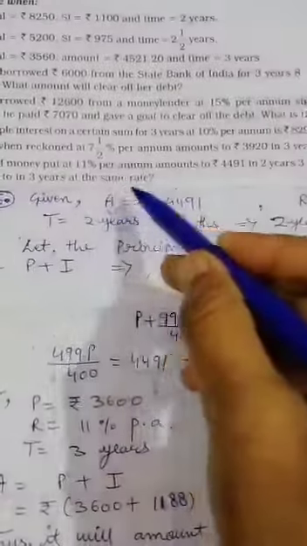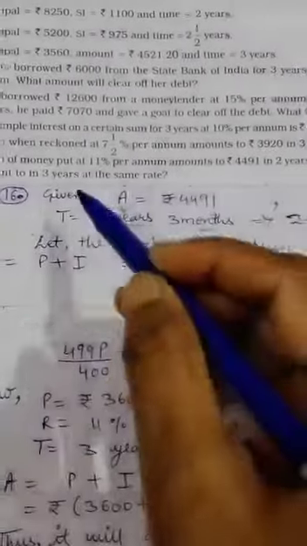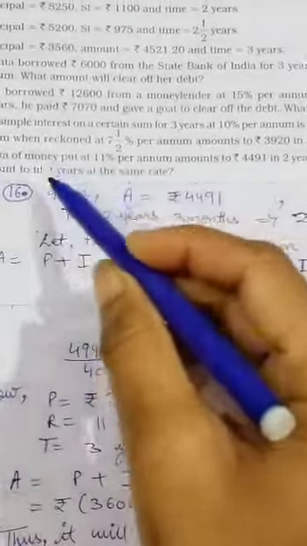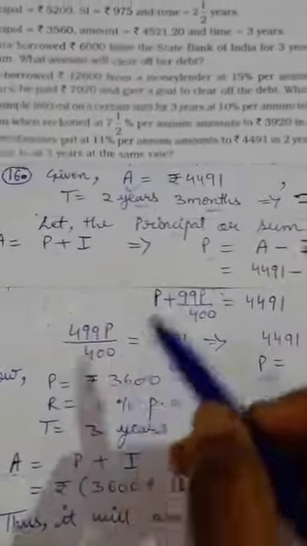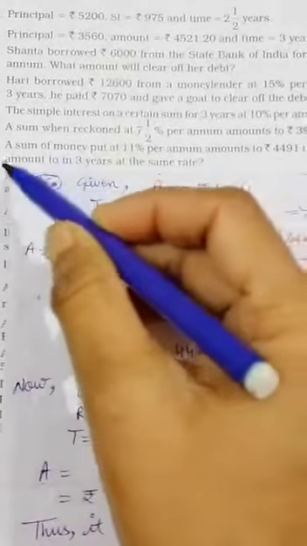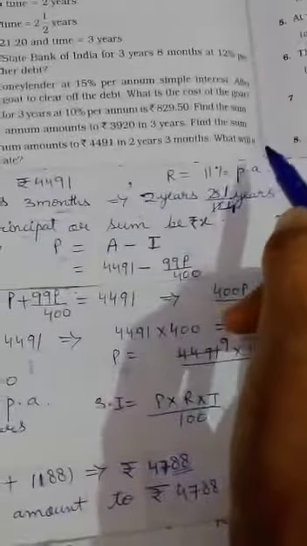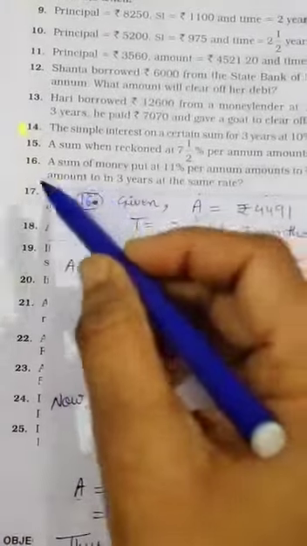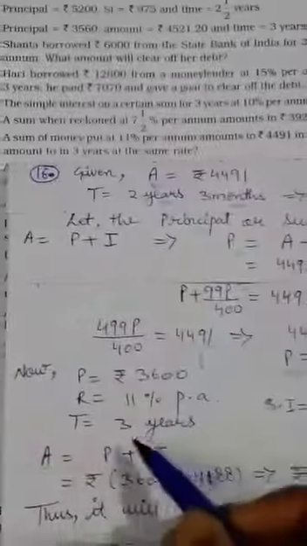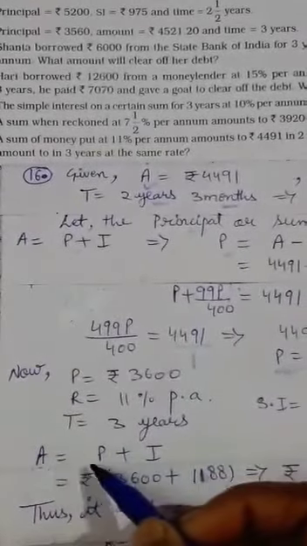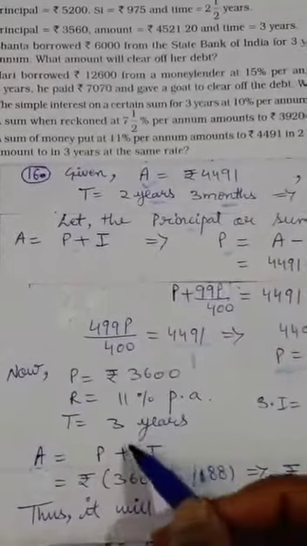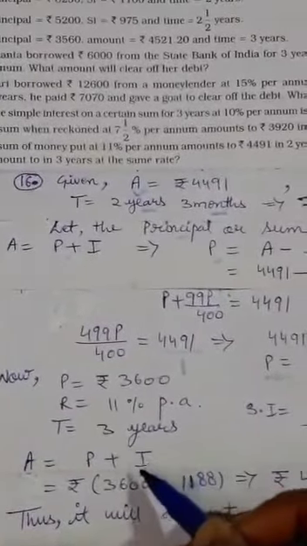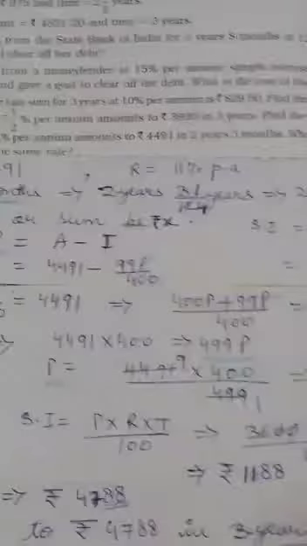Rate is the same, 11%, and now time becomes 3 years, so take 3 years. We have to find what the amount will be. For finding the amount, its formula is P plus I. So first of all, we have to find the I, that is interest.